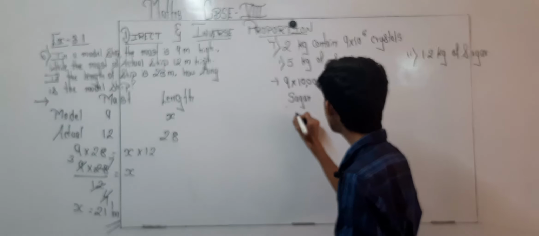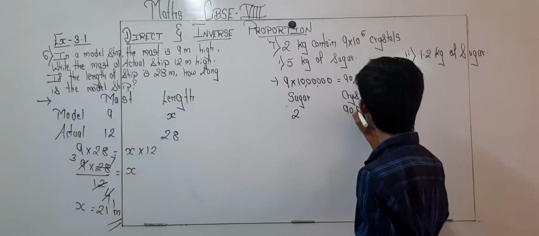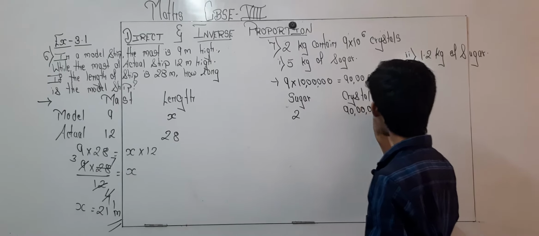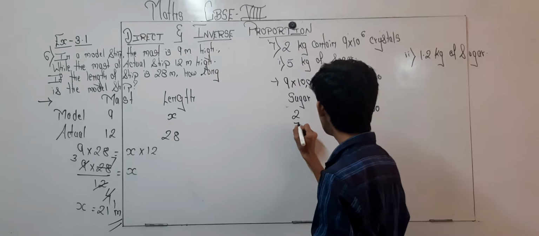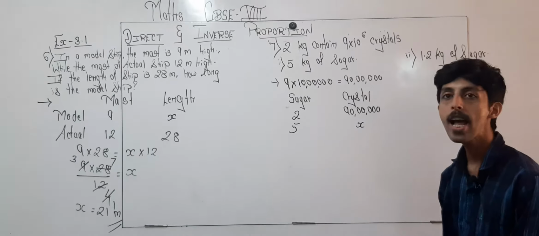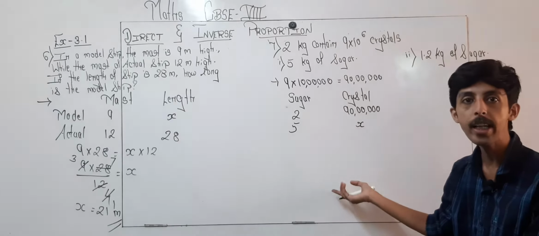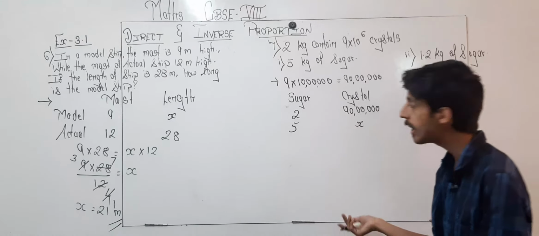So in 2 kg sugar how many crystals are there? 90 lakhs. Okay, and in 5 kg we have to find it. So upon 5, and over here how many crystals? We don't know it, so that is my x. Now again, if the sugar is getting increased, the crystals will also be getting increased. So by direct method it is.